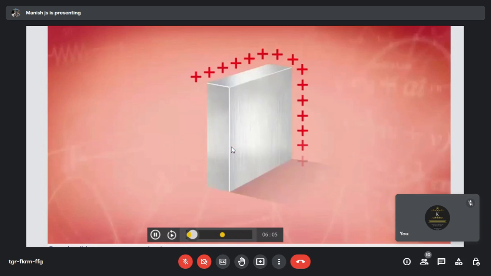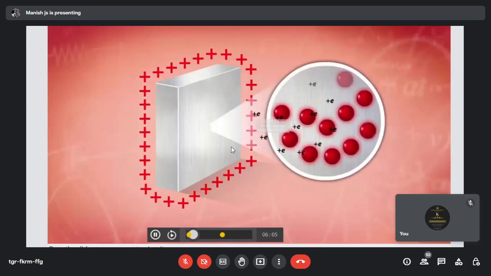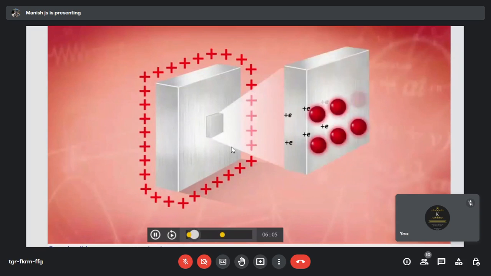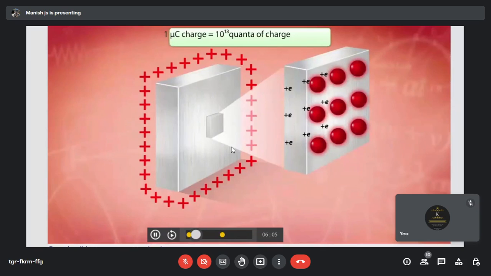So a charged body basically consists of many discrete charges with magnitude e. To determine the electric field at a point due to a charged body, it would be impractical to work in terms of discrete charges present at the microscopic level. For example, even 1 microcoulomb of charge will contain over 10 to the power 13 quanta of charge.